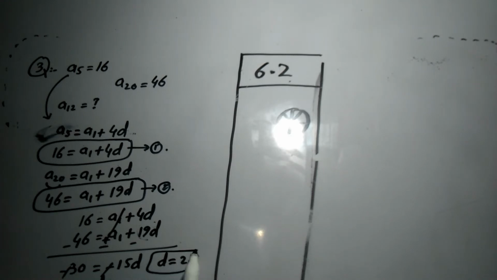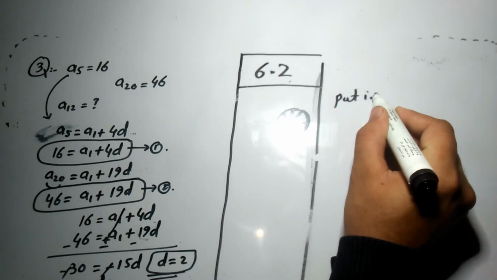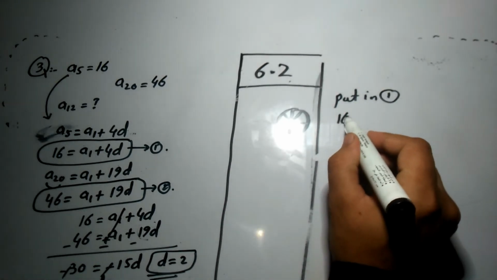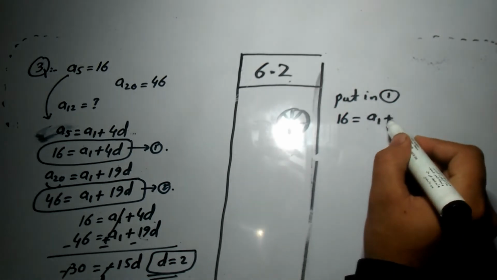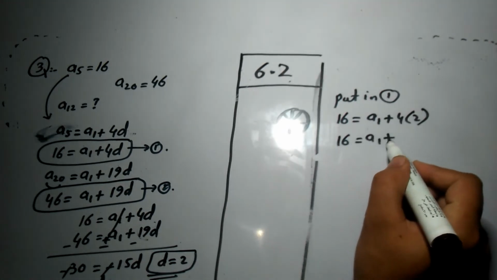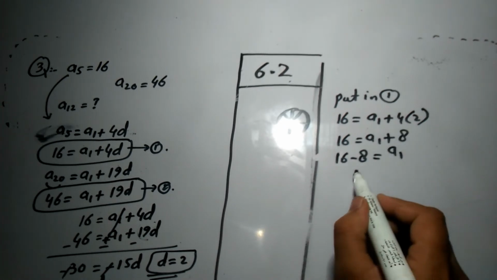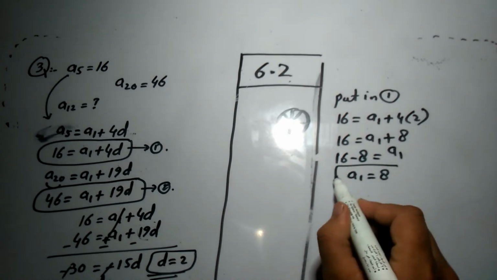2. So after finding the value of d, we will put this value into equation number 1. So this will be 16 is equal to a1 plus 4 times 2. So this will be 16 equals a1 plus 8. So 16 minus 8 is equal to a1, which will be equal to 8.